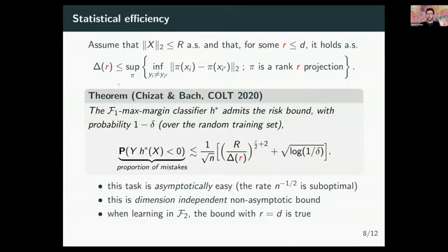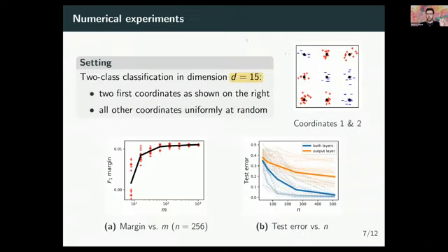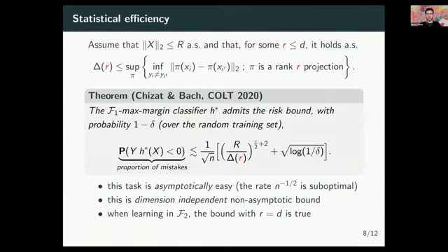So in the previous example, r would be 2 because we can make a projection of rank 2, and then delta of r would be the distance between the two classes after this projection. And so R over delta will be the complexity of the task. And the larger it is, the more complex the task is.